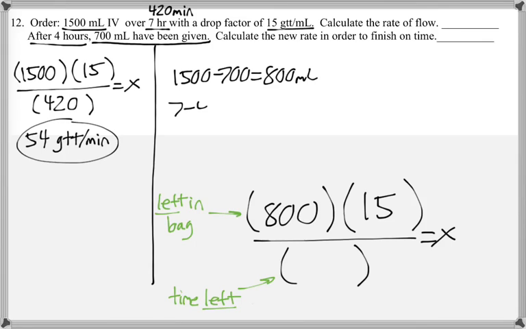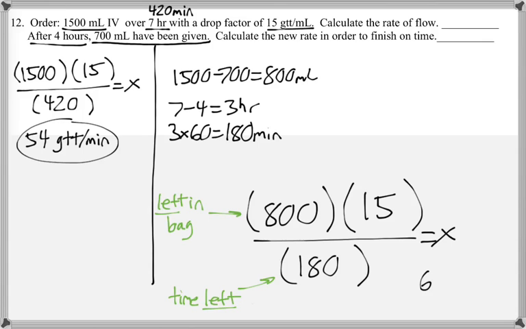So 7 minus 4 is 3 hours, and then convert that to minutes, and we get 180 minutes. So there's 180 minutes left. So 800 times 15 divided by 180, and we get 67 GTT per minute. So that will be my new rate.